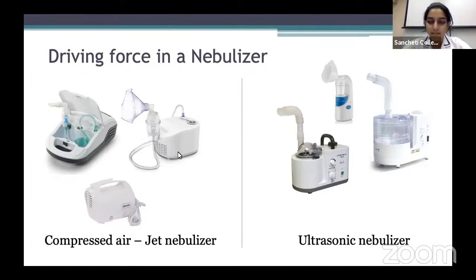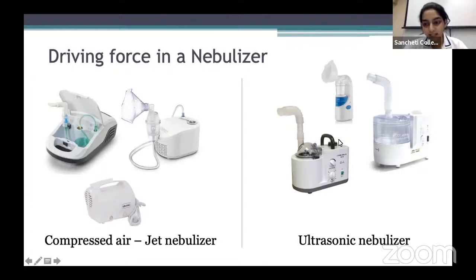What it does is it will take atmospheric air, compress that air and push it out towards the output node as fast as possible. So it creates a high velocity jet of air. Again, I repeat, the device is going to take air from the atmosphere, compress it, and then release it at a high velocity. That is the basic driving force of the jet nebulizer.